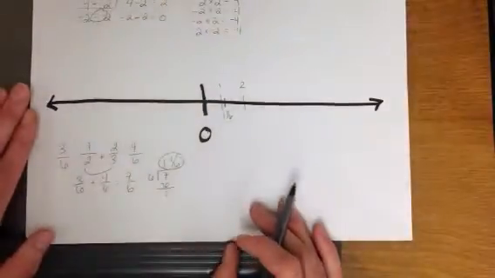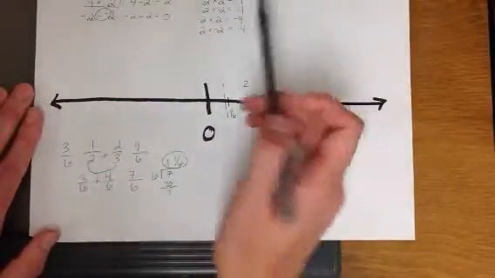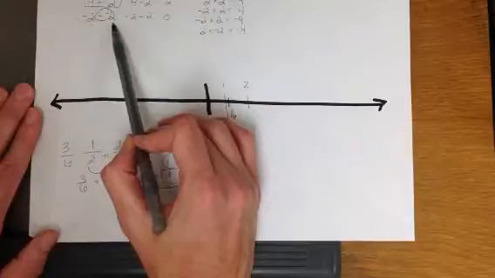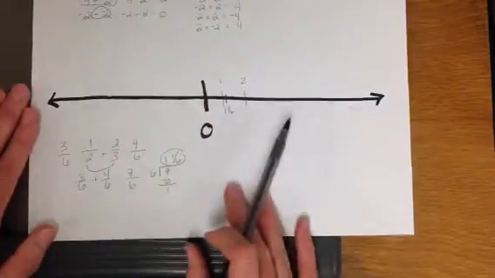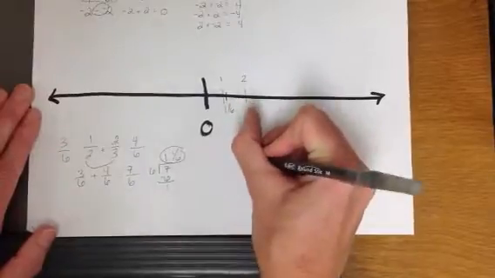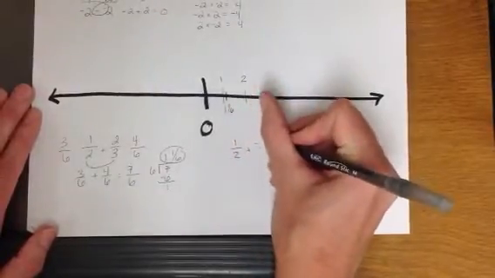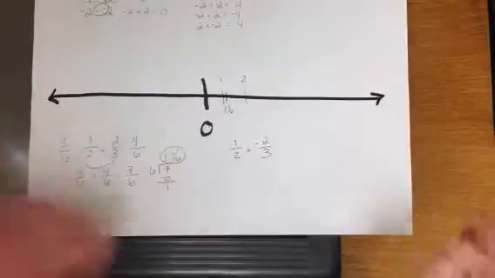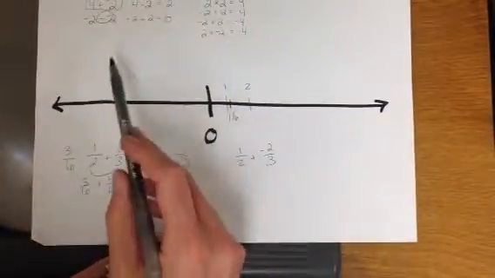Okay? The next example, again, we're dealing also with negative numbers. That includes fractions as well. So if we did 1/2 plus negative 2/3, again, we're going to use our rule that we learned up here.